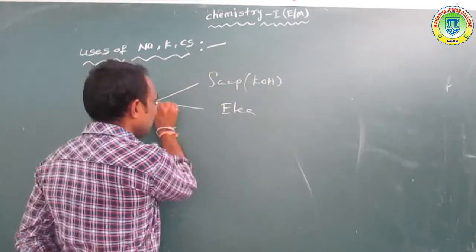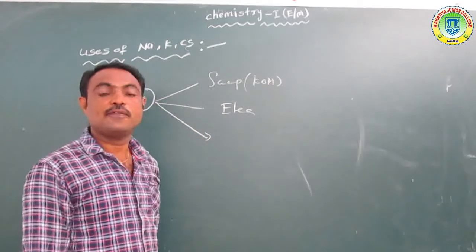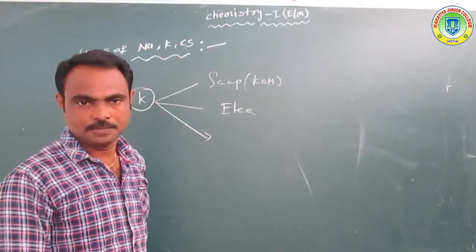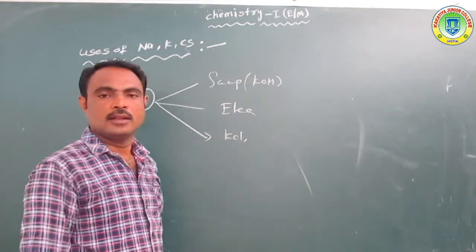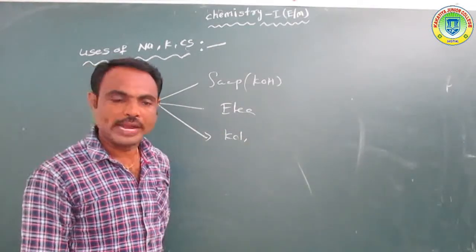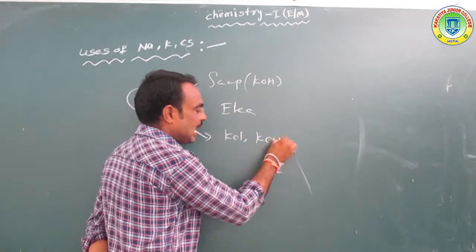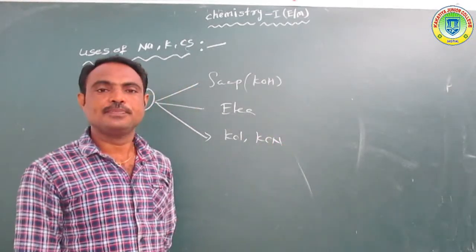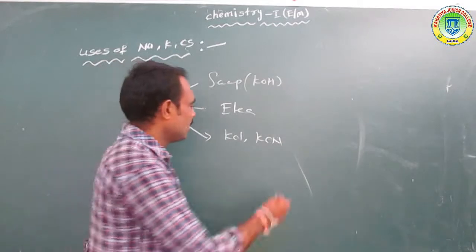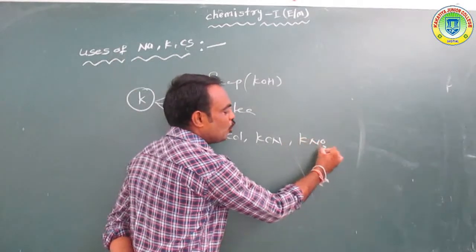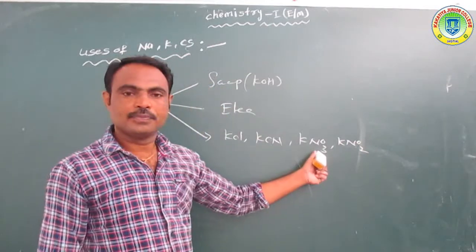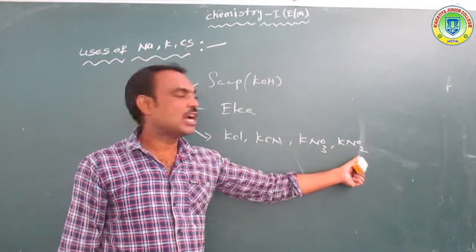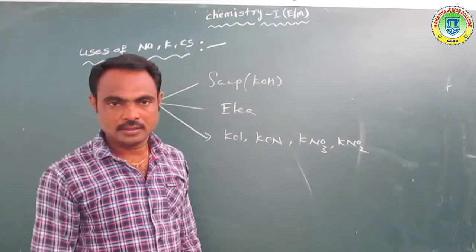And it is used for the preparation of a number of compounds like KCl, potassium chloride, KCN, potassium cyanide, and KNO3, KNO2, potassium nitrate and potassium nitrite.